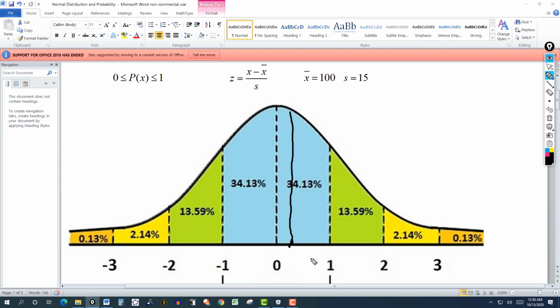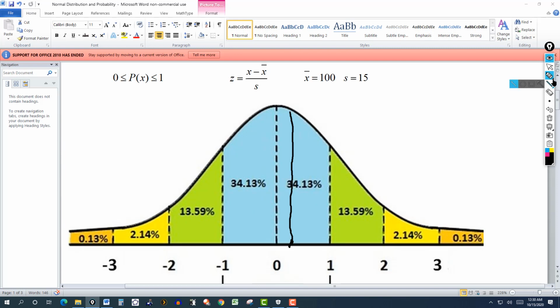And then I could either use a table or a calculator to compute the probability or the percent of scores that fall in this interval, or just the area under the curve. So again, these values over here represent area under this curve. They represent probability. They represent percent of scores. So percent of scores, area under the curve, or probability.